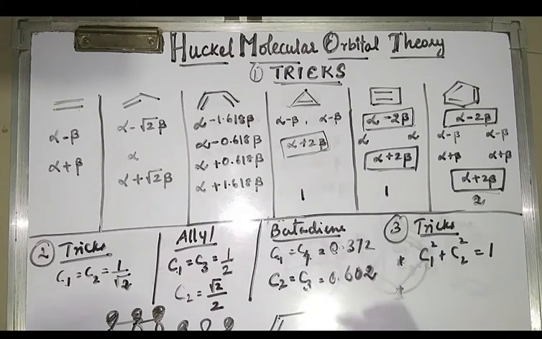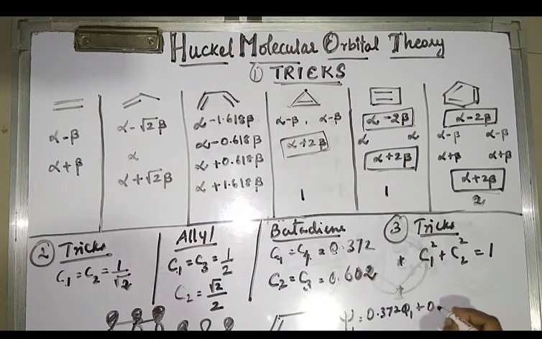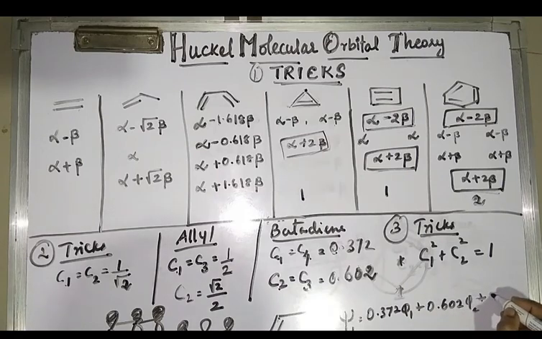For example, the first equation itself: Psi1 is equal to 0.372 Xi1 plus 0.602 Xi2 plus 0.602 Xi3 plus 0.372 Xi4. It should be like this.